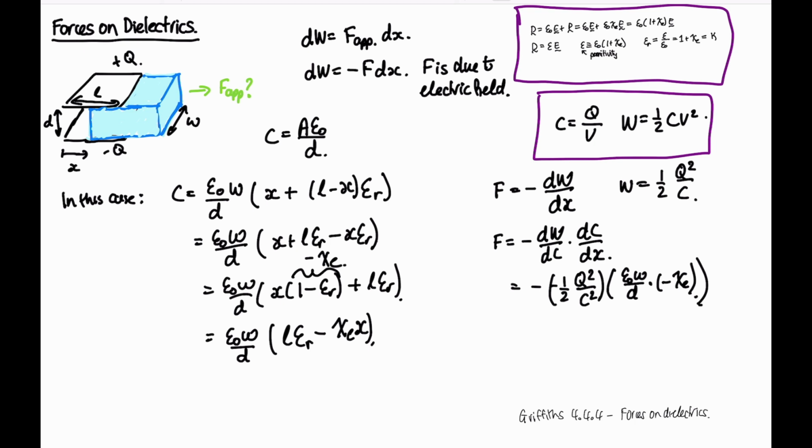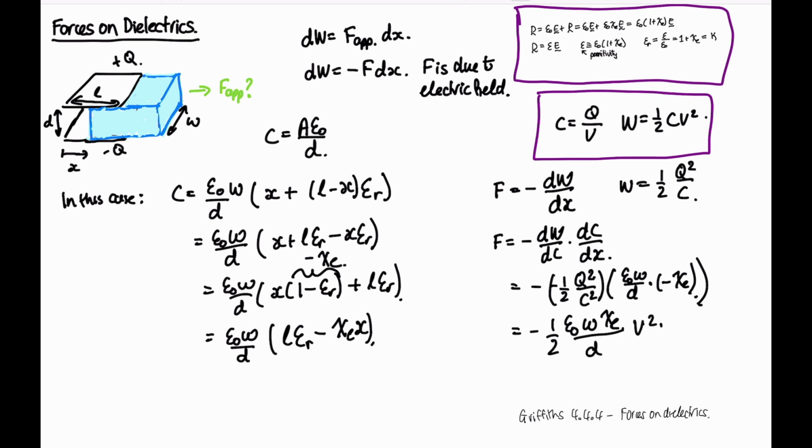Okay, so in this we've got three negative signs. So we've got one of those left, and Q squared on C squared, that's just going to be the voltage squared to whatever it was set to. So this is a half epsilon naught W susceptibility divided by D and then times V squared.